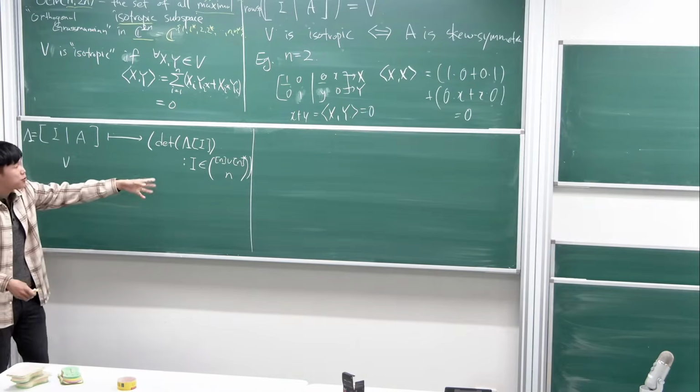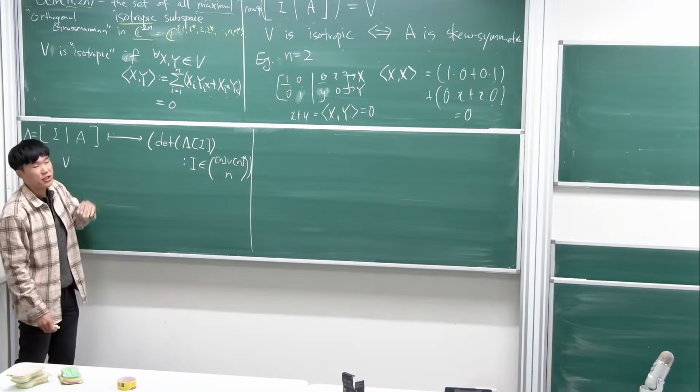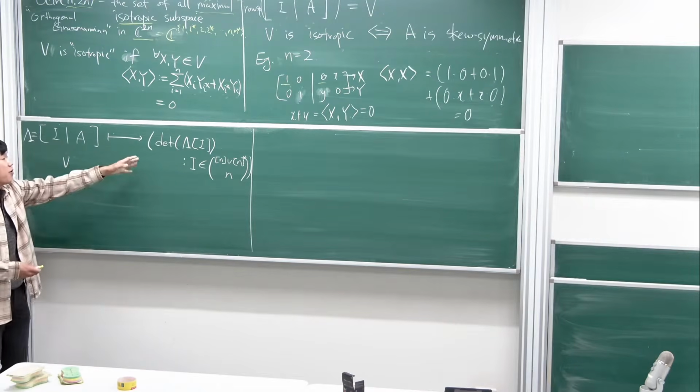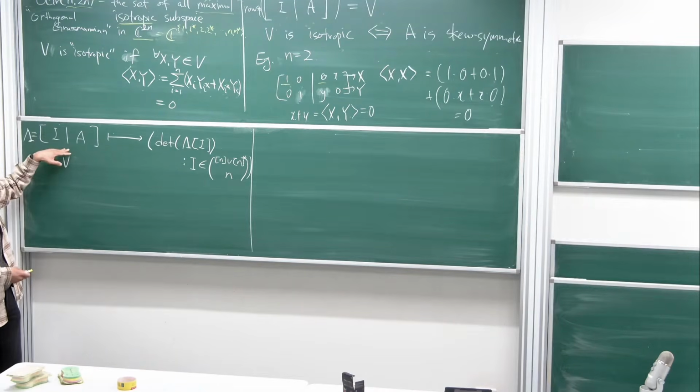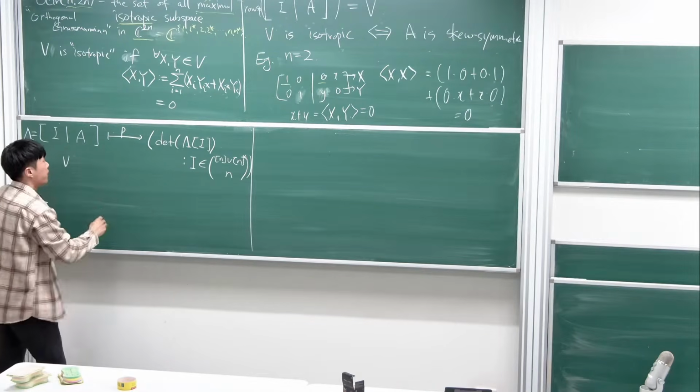So there are 2n choose n many numbers, which are just the maximal determinants of our matrix whose row space is exactly B. And this is called the Plücker embedding.